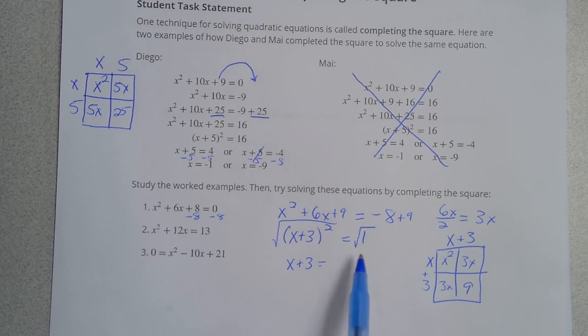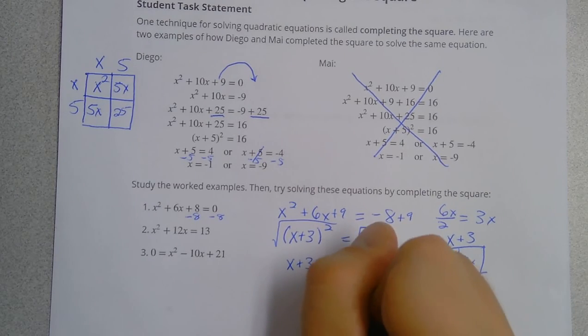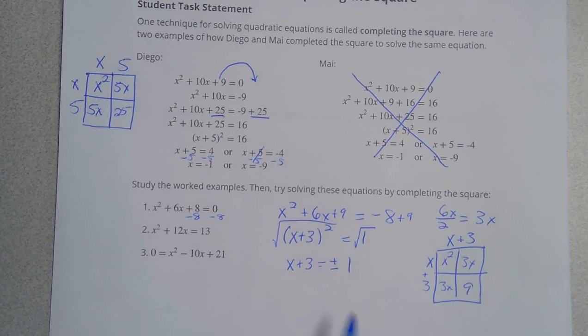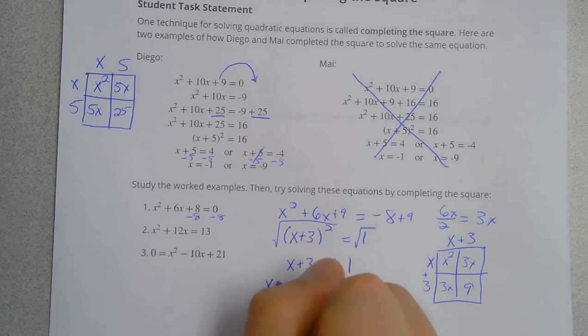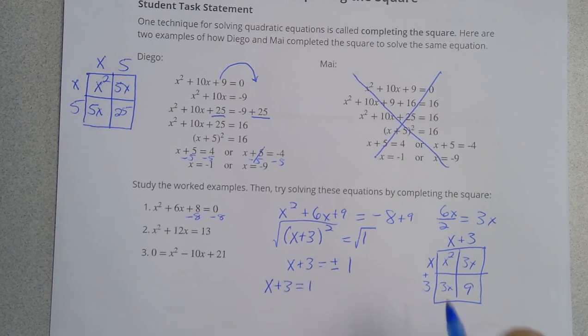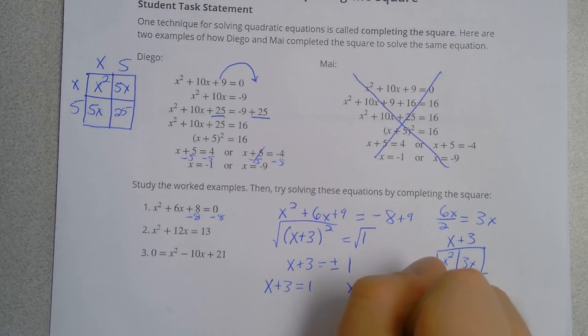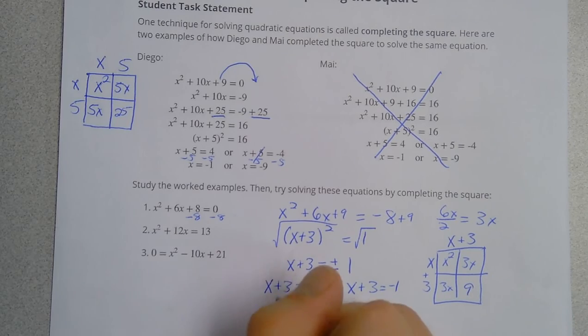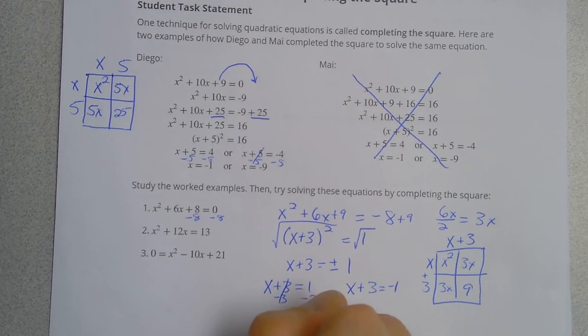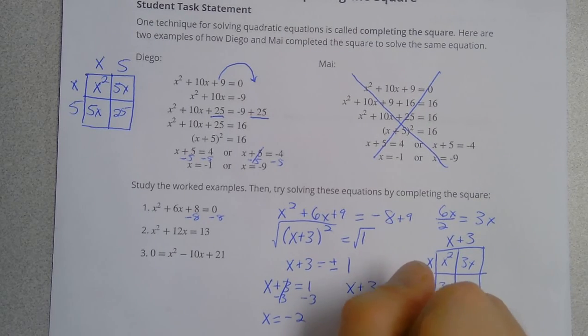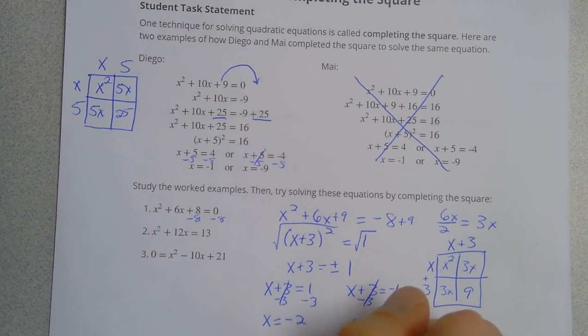And when I show the square root of 1, which is 1, I write plus or minus 1. I do that because it forces me to see I have to split this up into 2 equations. So my 2 equations are x plus 3 equals positive 1 and x plus 3 equals negative 1. Then subtracting 3 from both sides, I get x is equal to negative 2. Subtracting 3 from both sides, we have x equals negative 4.